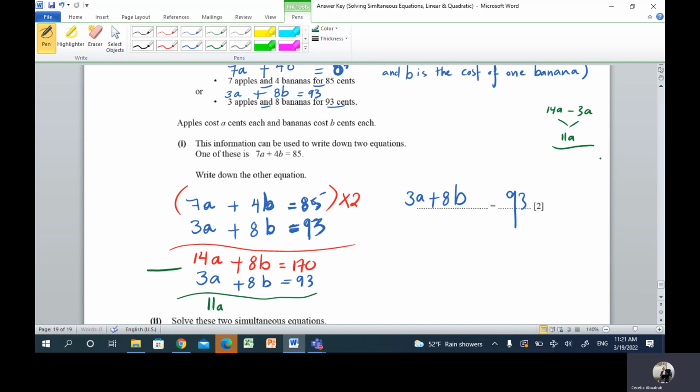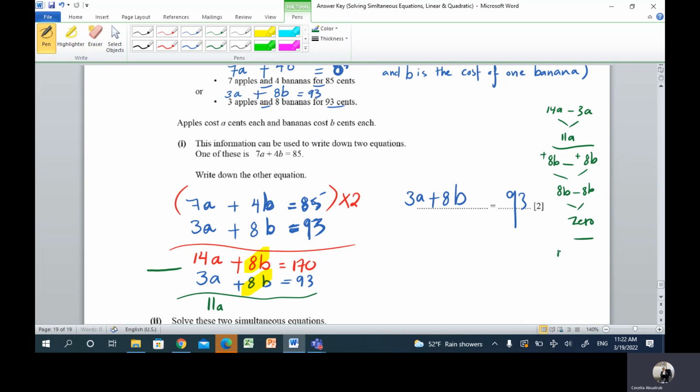And then you're going to say positive 8B minus positive 8B, which will come down to 8B minus 8B. And the answer here will come down to 0, and that's what we need. So the B is eliminated or cancelled.